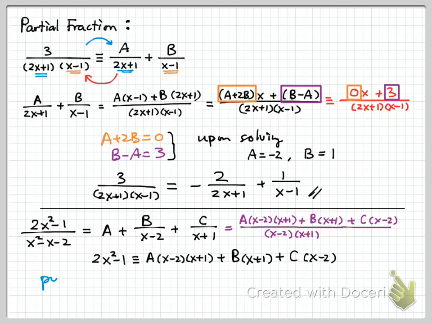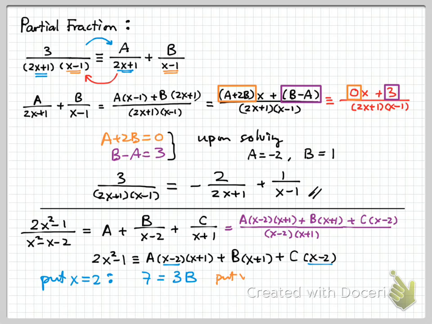I would put x equals 2, for example. The left hand side will give me 7. Now when x equals 2, all the x minus 2 terms become 0, so only b remains, that is 3b. Putting x equals 2, we have 3b equals 7.